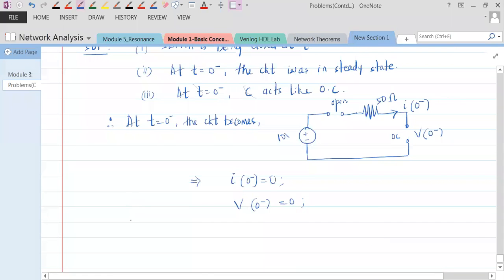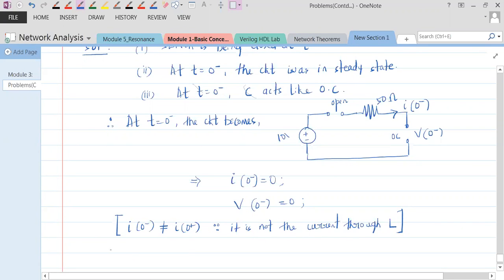This is just for your understanding: I of 0 minus is not equal to I of 0 plus, since it is not the current through L. This is something that you should understand.